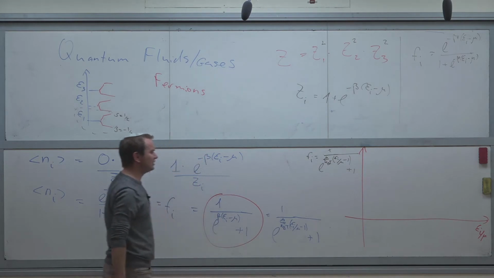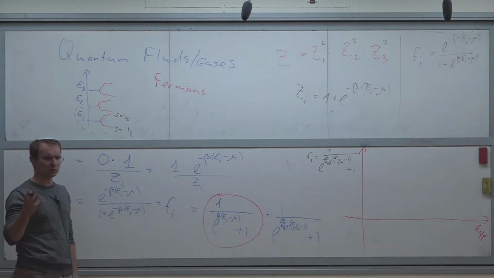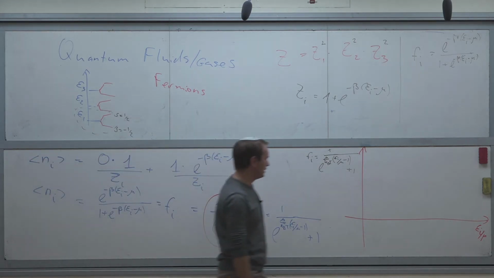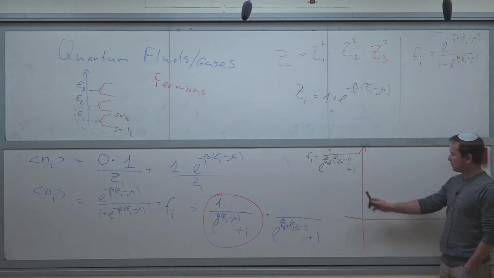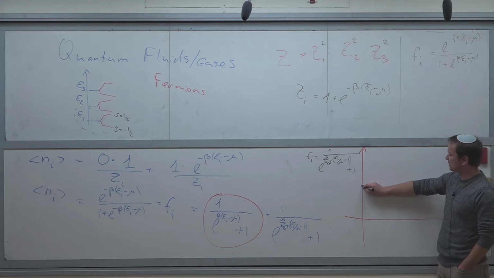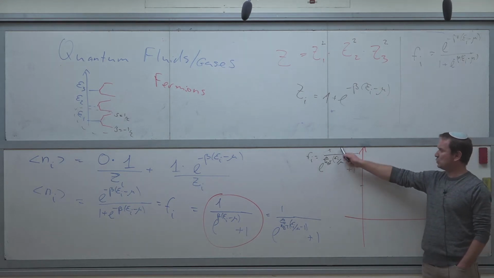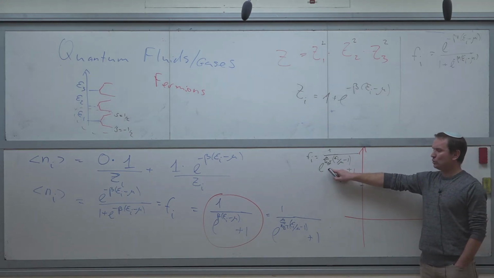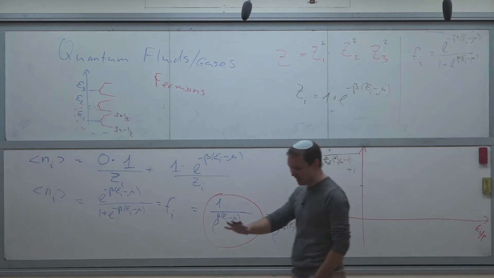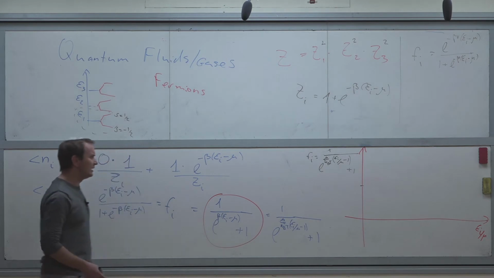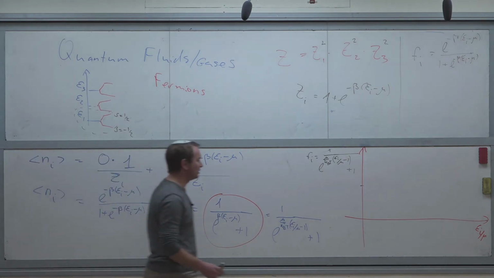When mu divided by k Boltzmann T is of order 1, and when epsilon I divided by mu is going to 0, we're not starting from 1, we're starting from some number which is exactly equal to 1 over e to the power minus 1 plus 1. So it's somehow lower than 1, and this is our starting point.